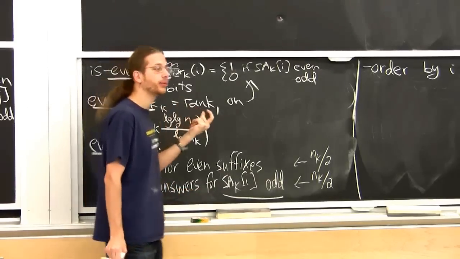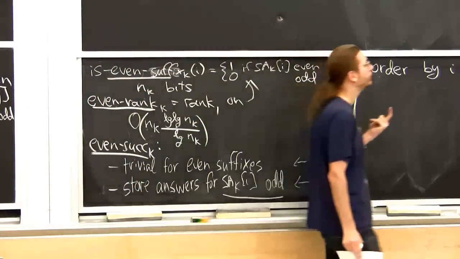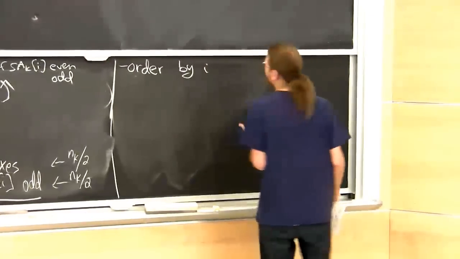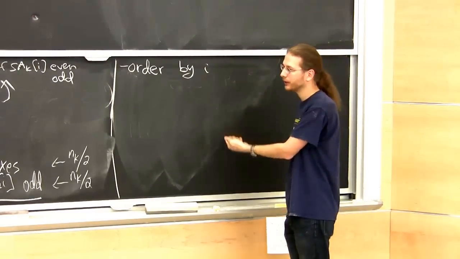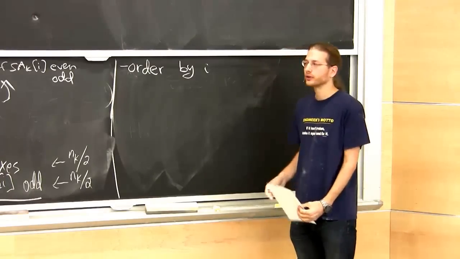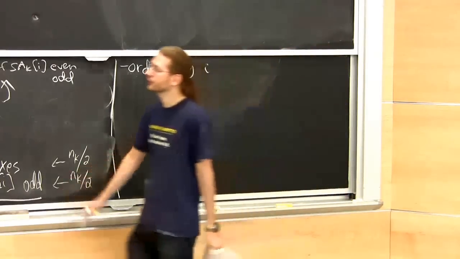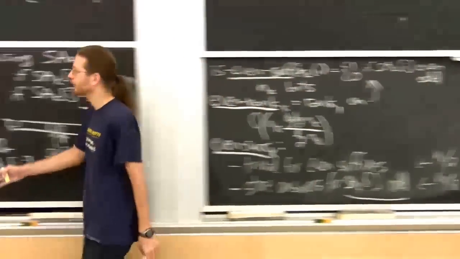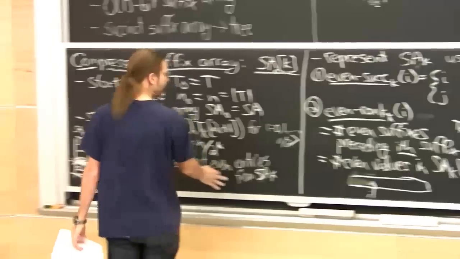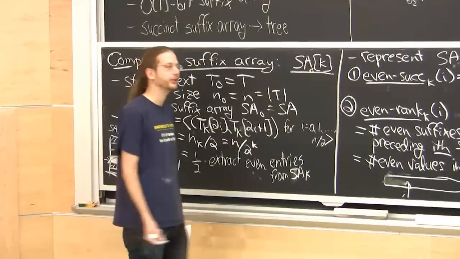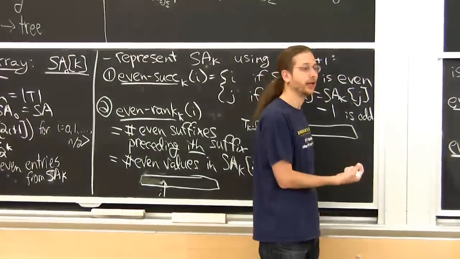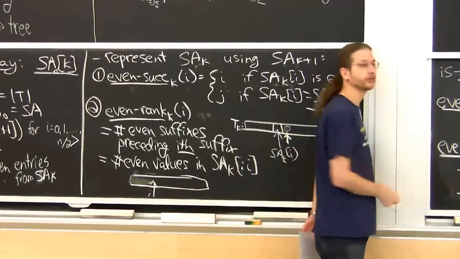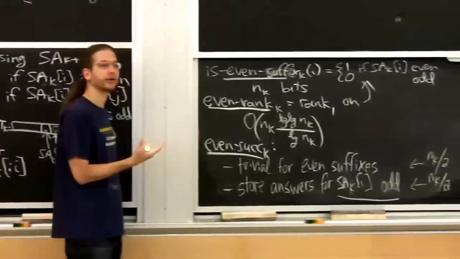So if I was given a number i, how would I look it up? Well, given an index i into the suffix array, this is basically the inverse of what we did with SA_{k+1}. SA_{k+1} is extracting the even entries. Here we're extracting the odd entries. So all I need to know is the odd rank of i, and then I look up into this array at position odd rank of i.